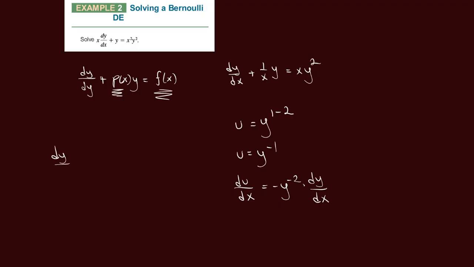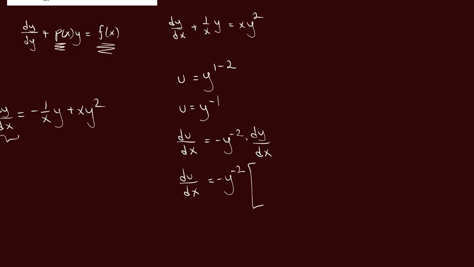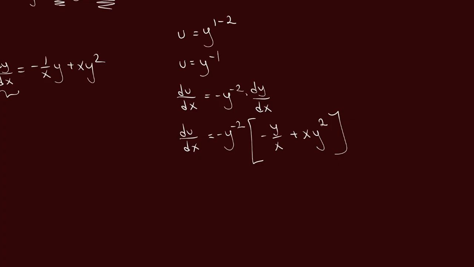So dy over dx is going to be equal to minus 1 over x times y plus x y squared. So plug all of that into here. Now let's FOIL that minus y to the power of minus 2 in.